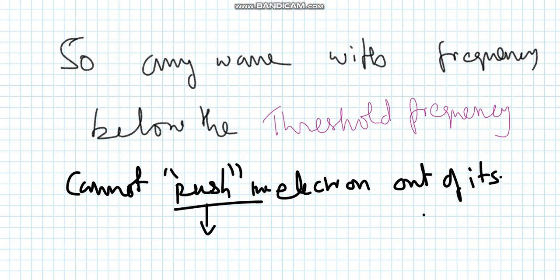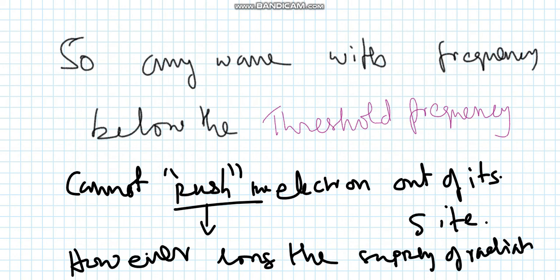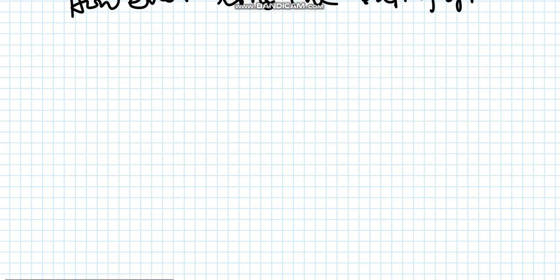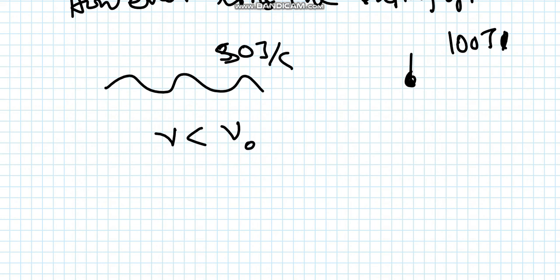However long the radiation is supplied, this is a very crucial point: if you had radiation with frequency less than the threshold frequency, even if it is applied at, say, 50 joules per second, it cannot push the electron which required exactly 100 joules to get out from the lattice site.